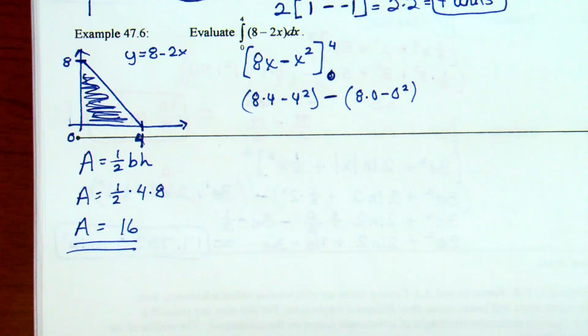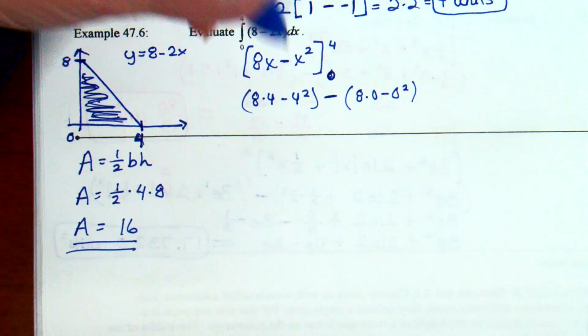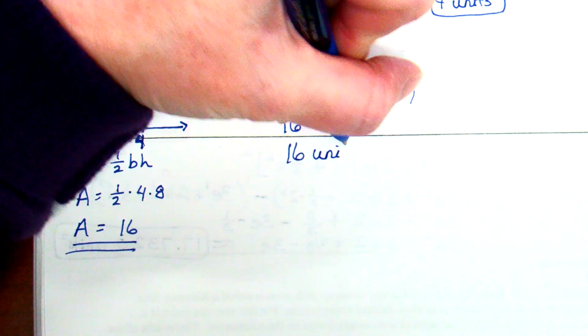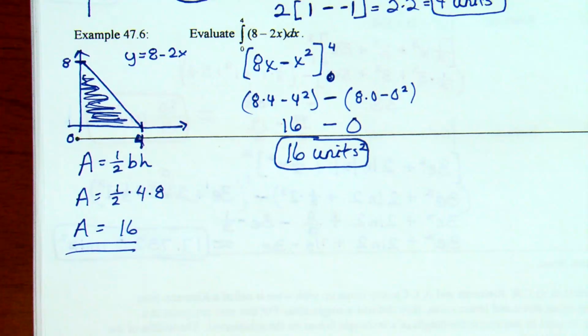Well, 8 times 4 is 32 minus 4 squared, 16. 32 minus 16 is 16 minus 0. 16 minus 0 is 16. Officially, 16 units squared. There's my proof, right? It's area under a curve.